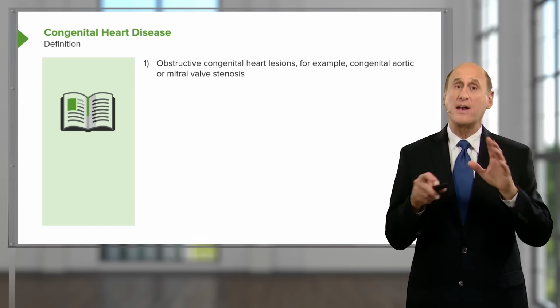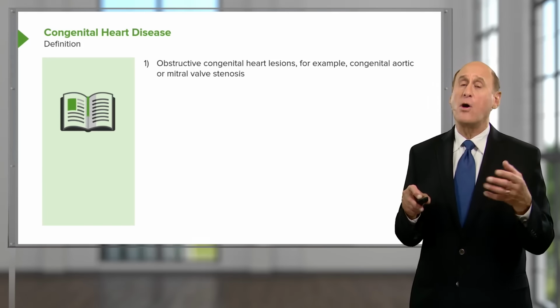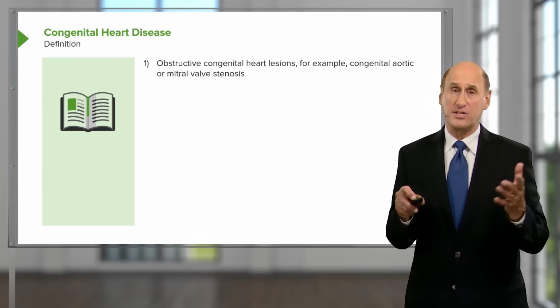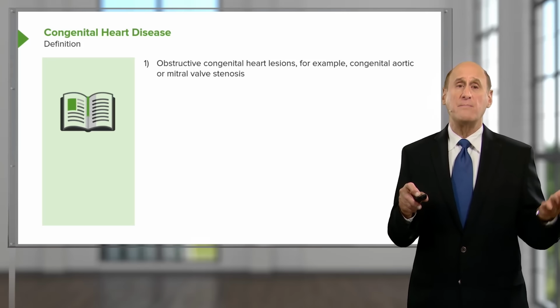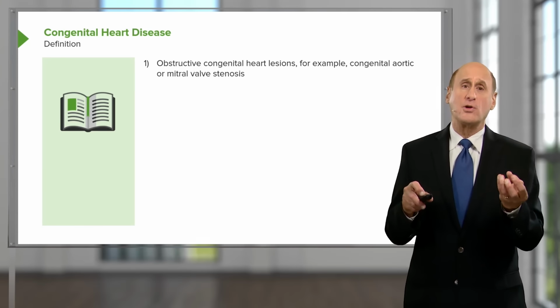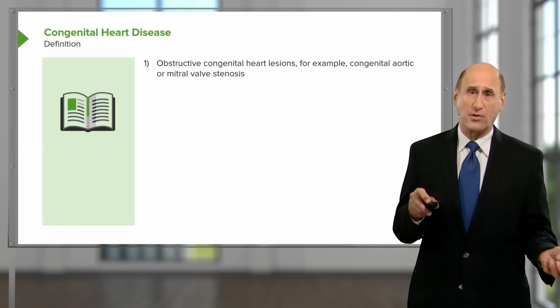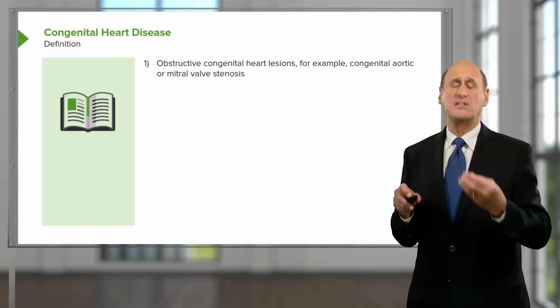That can become stenotic or stuck in midlife. We'll talk more about that when we talk about valvular heart disease in one of the subsequent lectures. There can be other obstructions. For example, the pulmonic valve can be misshapen, so there's stenosis in the pulmonic valve, putting an extra workload on the right ventricle. So those are obstructive lesions.